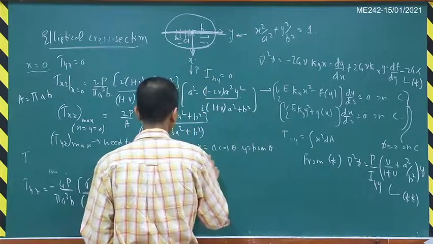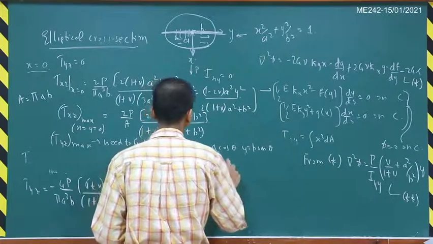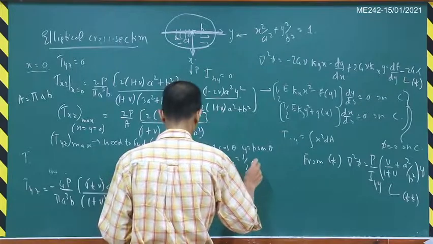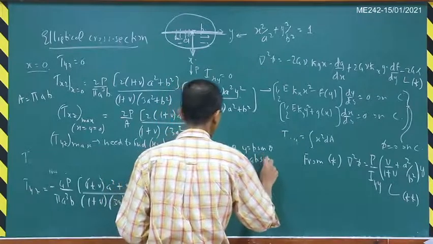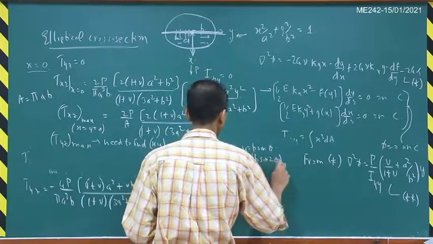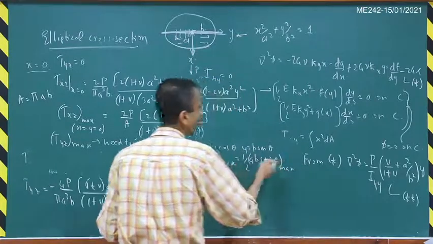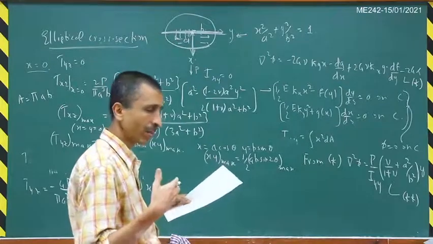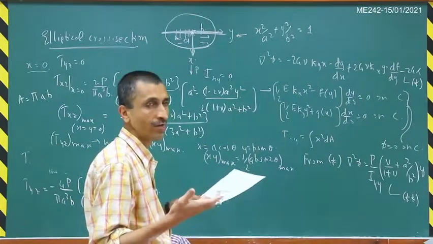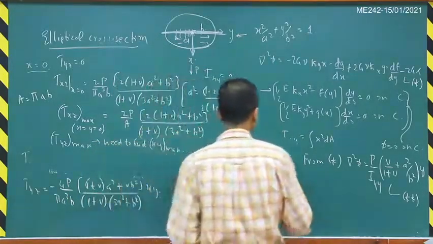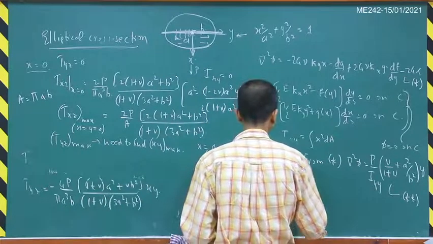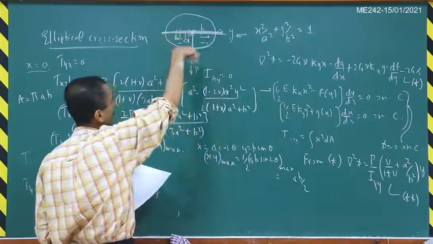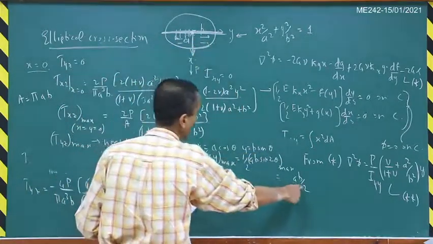Then you will get that xy max is equal to half of AB sine 2 theta max. The maximum sine of any angle will be plus 1. So this is equal to AB by 2. We do not know exactly where it is occurring along this particular boundary here, but we know that xy max is AB by 2.